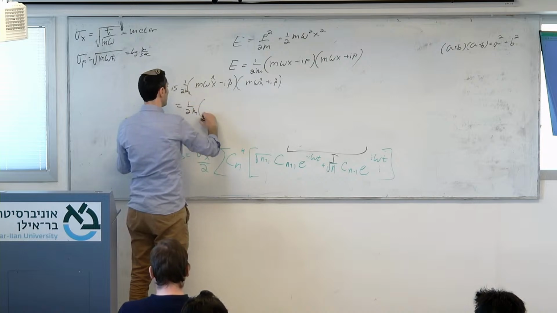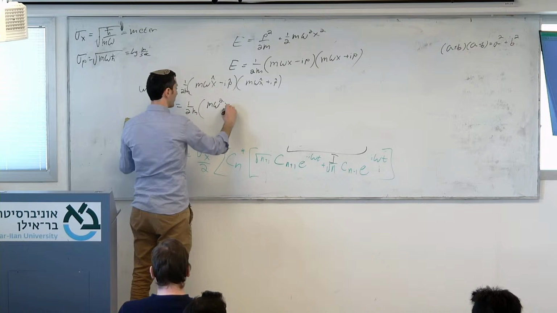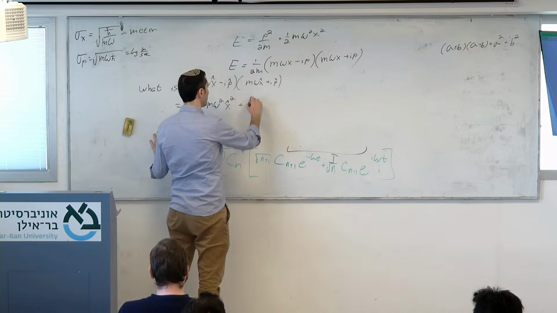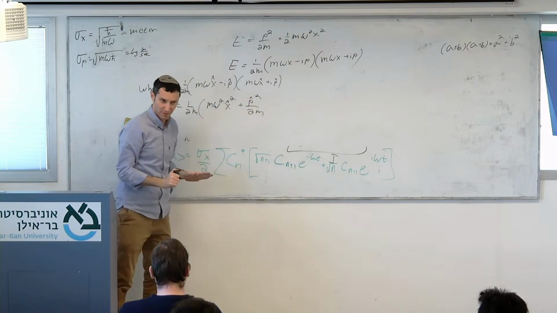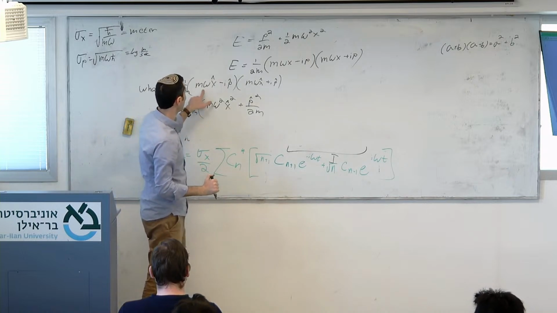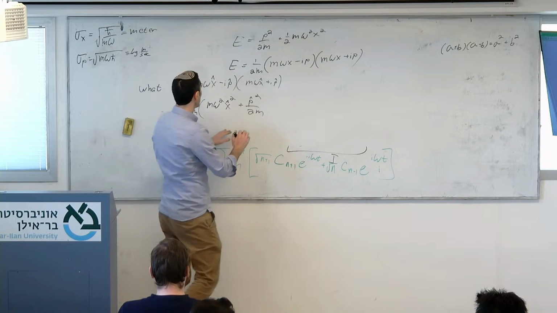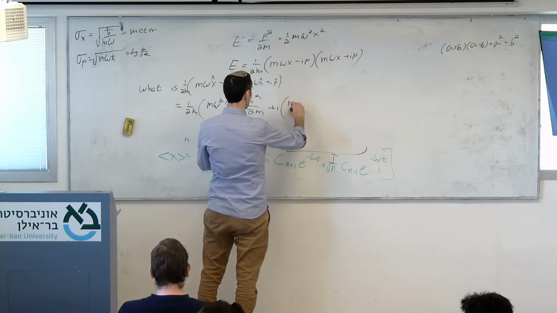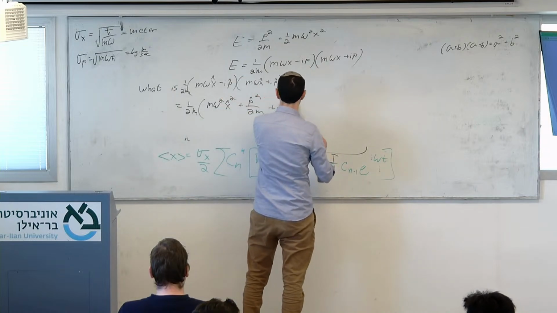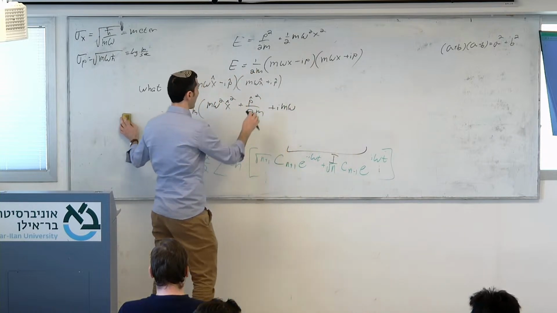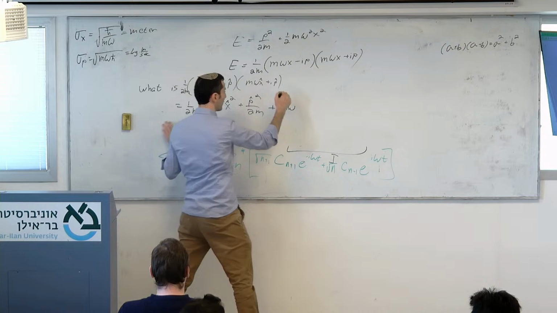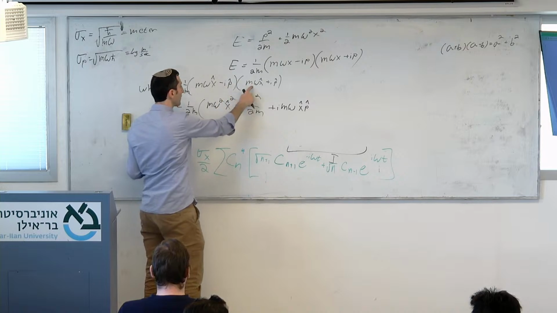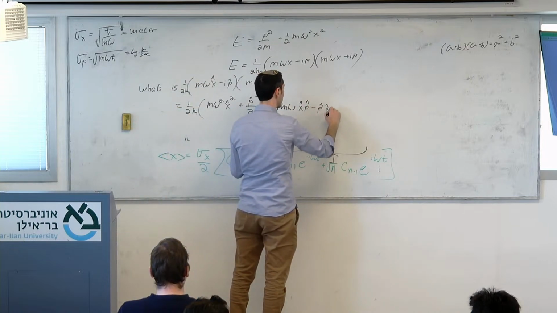We'll get 1 over 2m times m omega squared x squared plus p squared over 2m. So far so good. Now I would have this times this, which is plus i m omega. When I do this times this, I have xp. When I do this times that, I have again i m omega, but minus px.